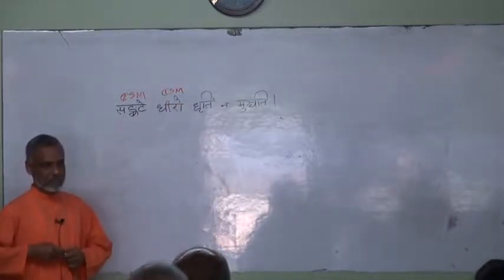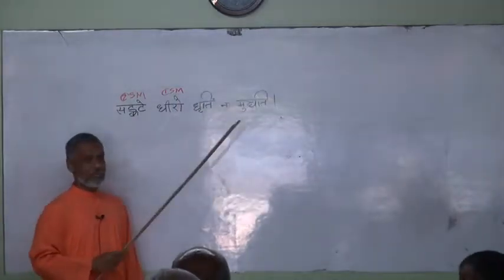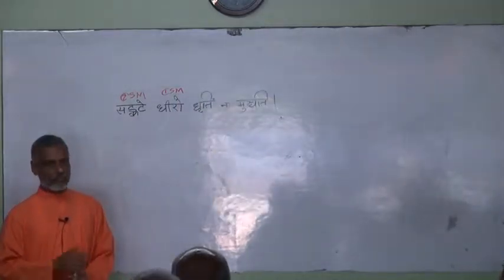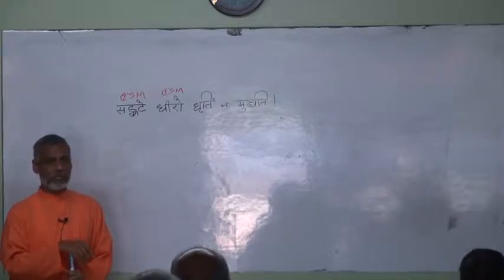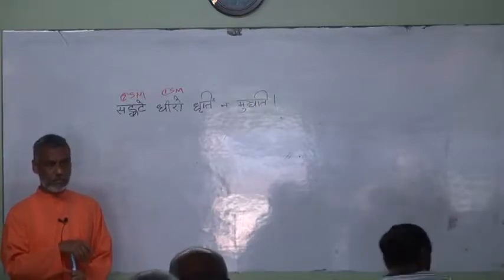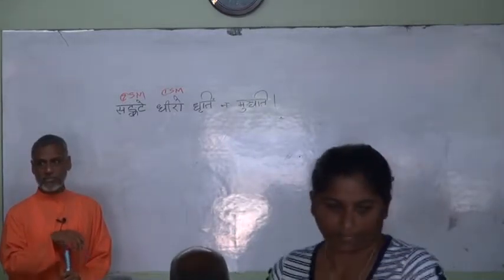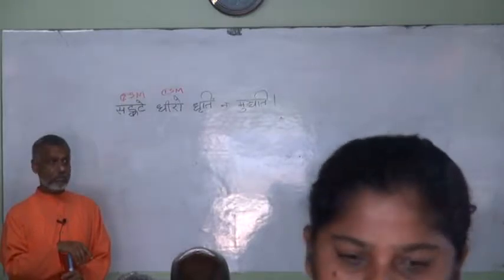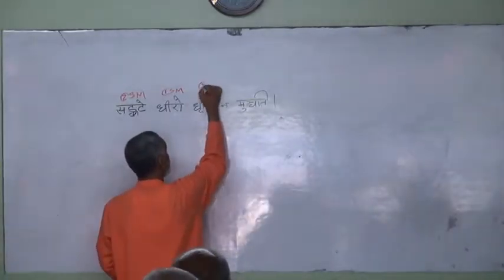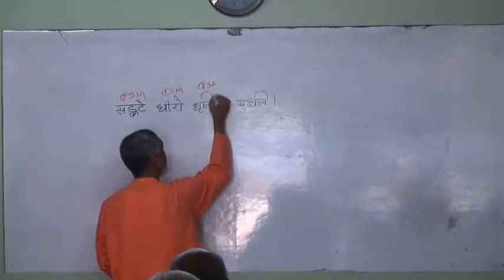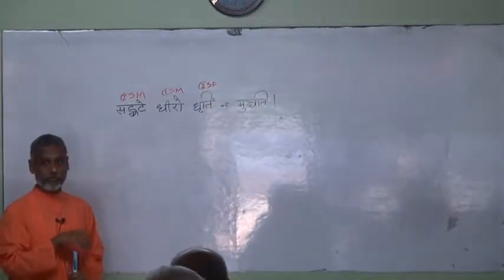Dhritim. That's the last declension which we did. Last declension which we did was Mati. So Dhriti is like Mati. So which case is that? Second case, second singular feminine.